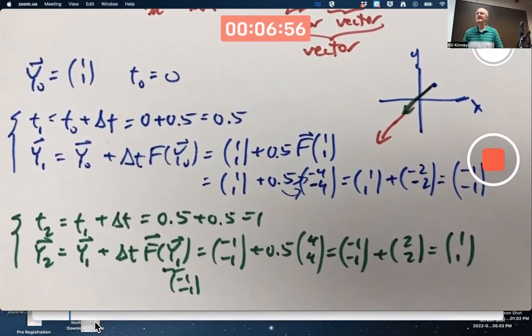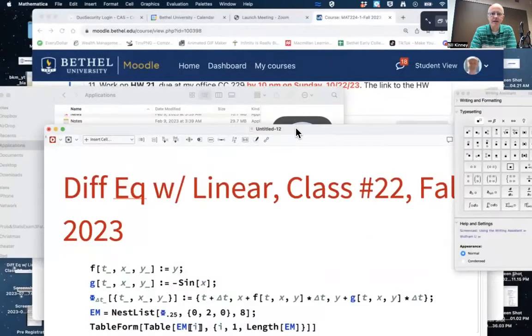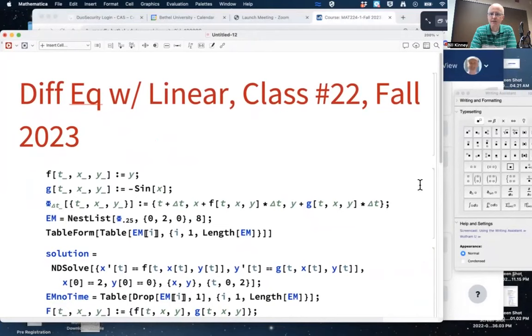Let's go ahead and implement this on Mathematica now, and let's use a smaller value of delta t to hopefully avoid this situation. I copied and pasted the code from the solution key to the optional problems. That's going to work more generally when my right-hand side functions might also be dependent on t for a non-autonomous system.